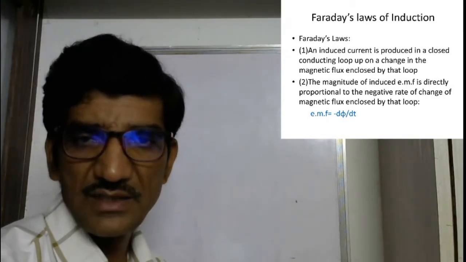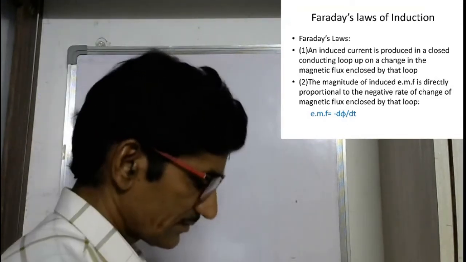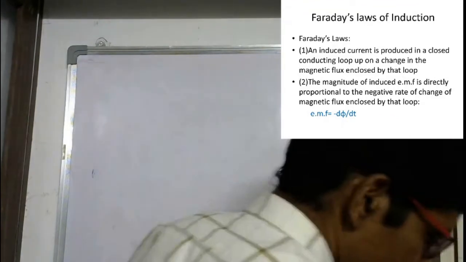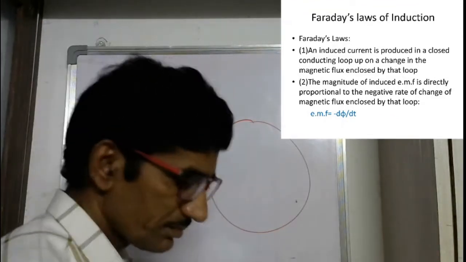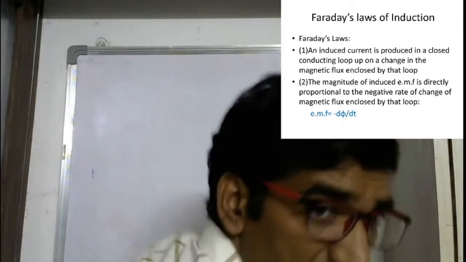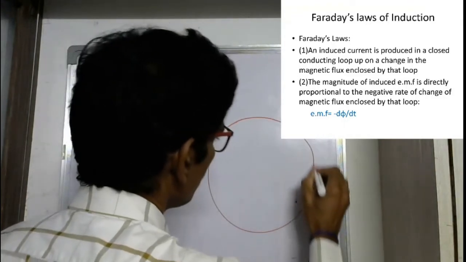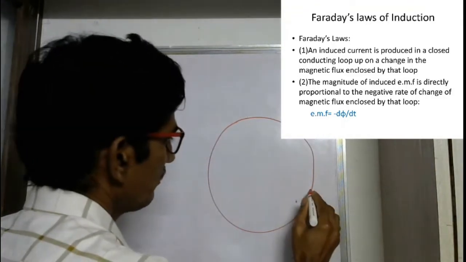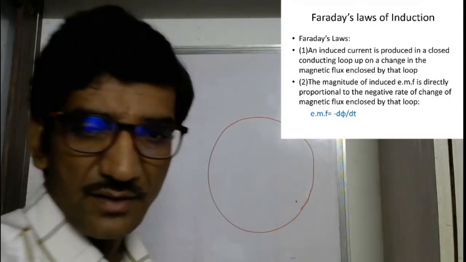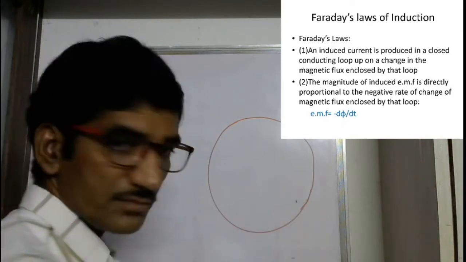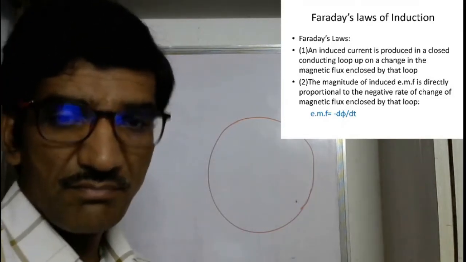A conducting loop is there. Here you have a conducting loop, and here you are having some magnetic field.